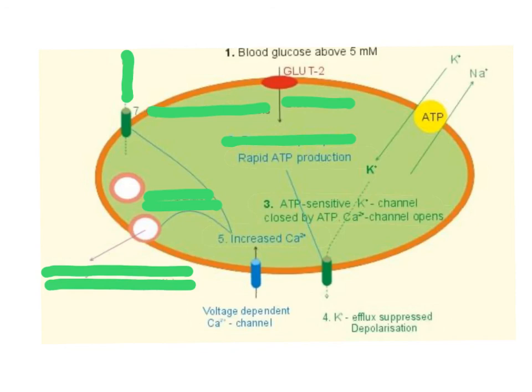Once the voltage is the right level, whatever that level is, these channels will open, they've had their signal, and that means the calcium ions can move in. The fact that those calcium ions are now moving in causes the vesicles which were holding the insulin to move to the surface of the cell membrane, and that causes exocytosis of the insulin, i.e. the vesicle fuses with the cell surface membrane and releases the insulin which was inside it outside.